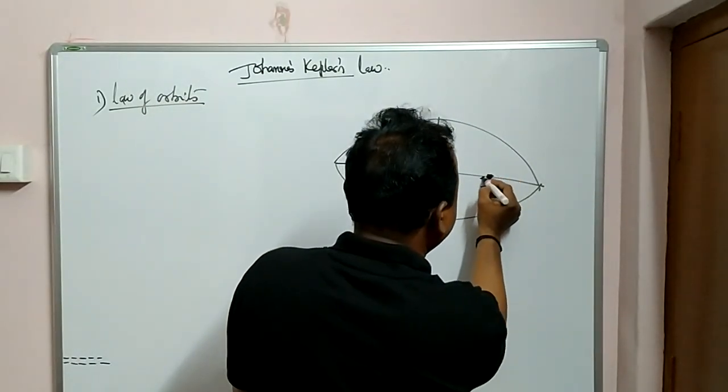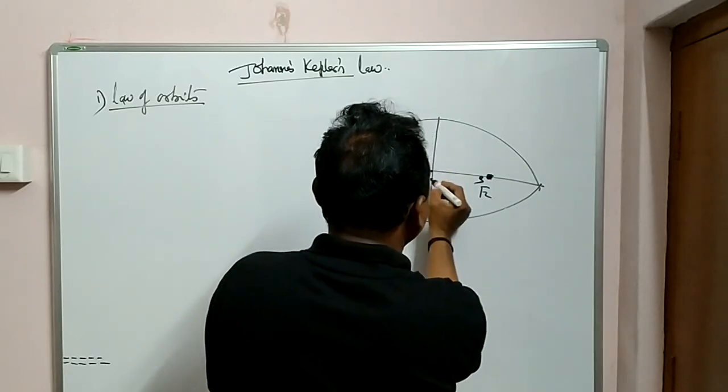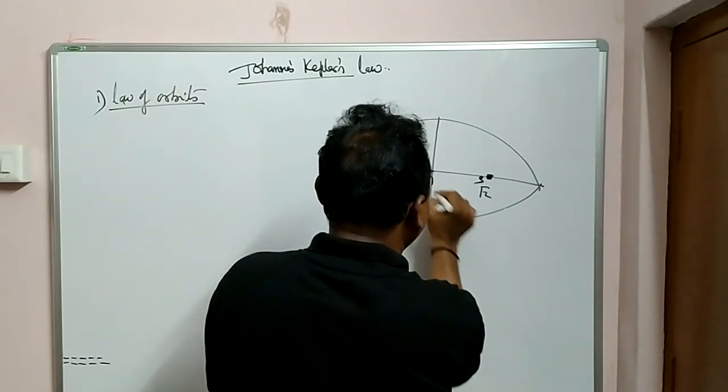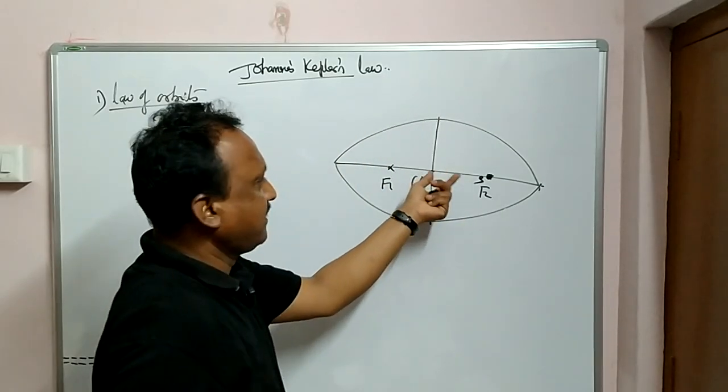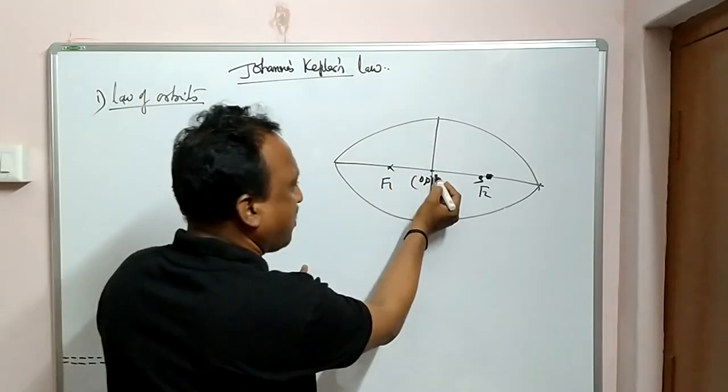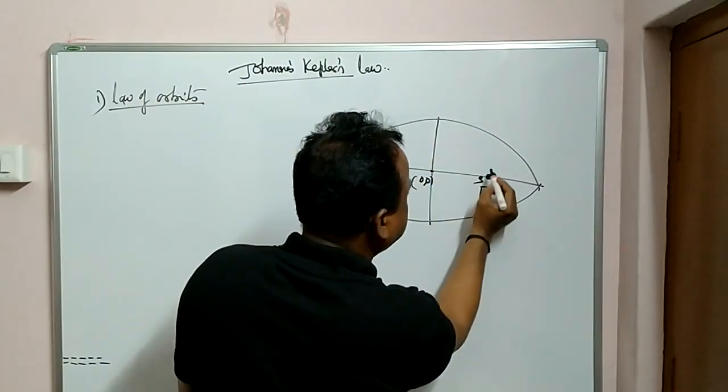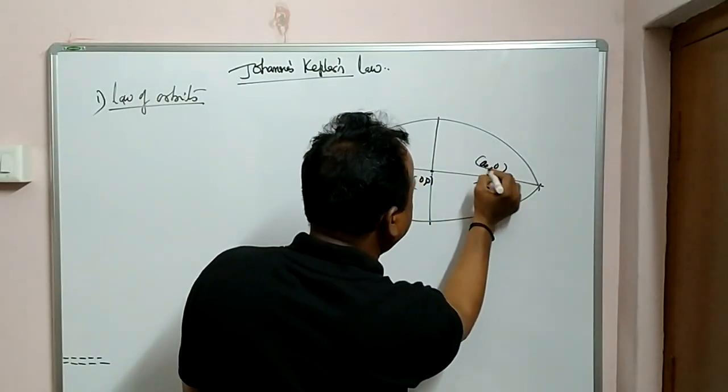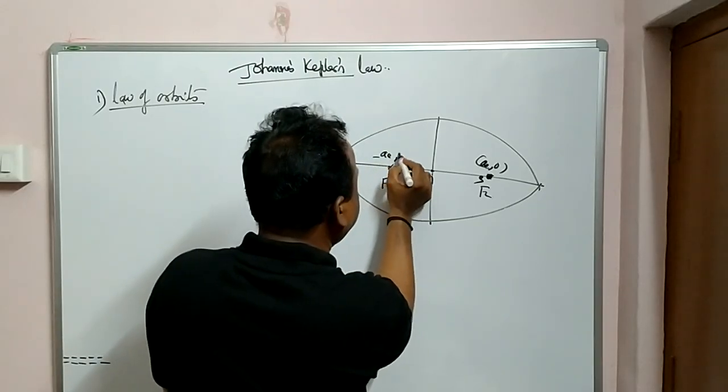So this is the sun, and he has also given some mathematical calculation. Suppose if you take the ellipse with 0, 0 as the origin, he has given the coordinates as AE, 0 and minus AE, 0.